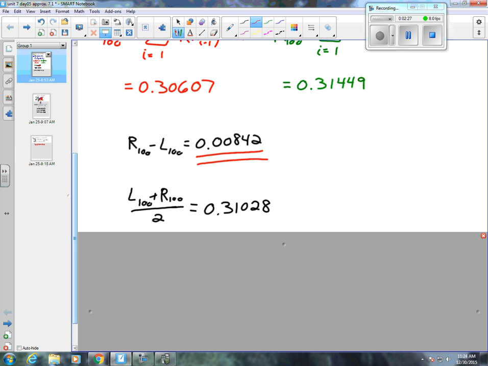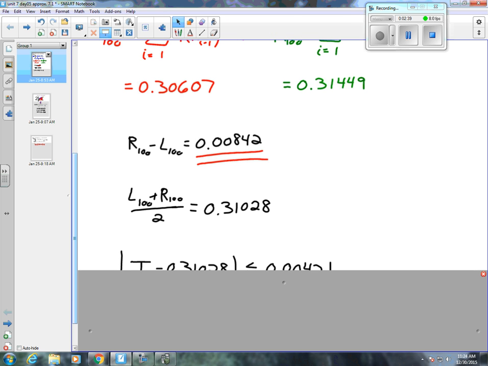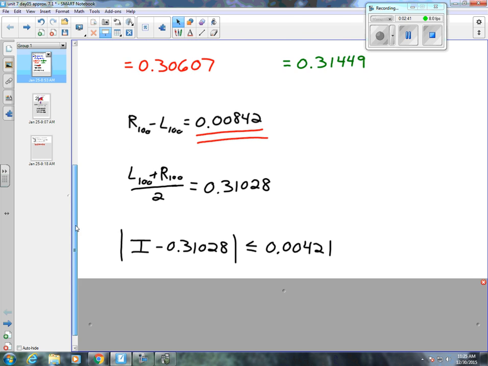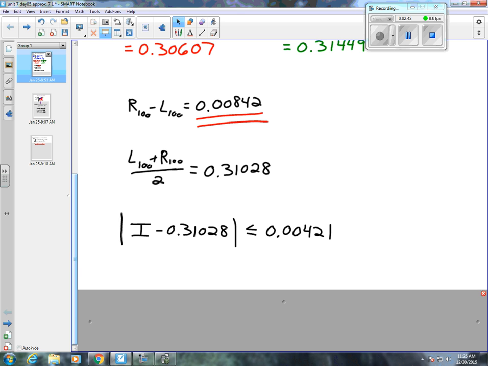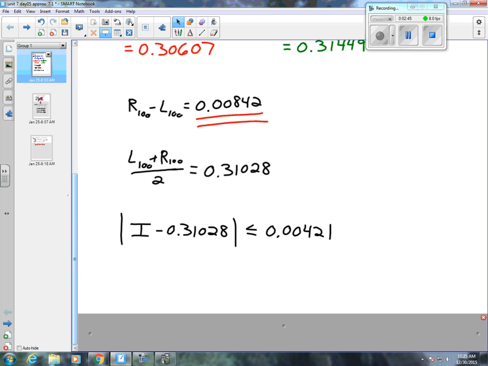Because from the midpoint, I'm 0.00421 away from the left approximation, and also 0.00421 away from the right approximation. So I know that my error bound is going to be less than or equal to 0.00421.